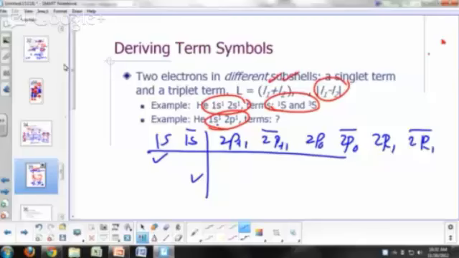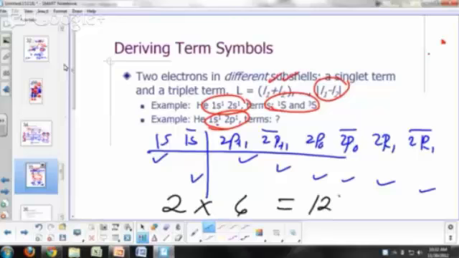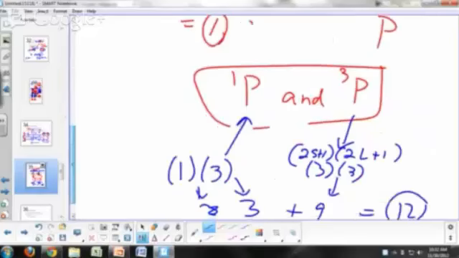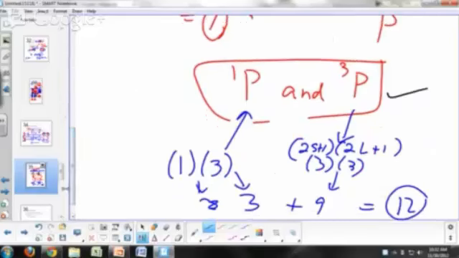So that's 1, 2, 3, 4, 5, 6 possibilities. So 2 ways this can happen times 6 ways this can happen. You can get 12 possible Slater determinants. So you could have just tabulated this, put up all your M sub L's and M sub S, and worked out the term symbols. But it's just quicker to use the Clebsch-Gordan formula. You can see you get your singlet P and your triplet P.